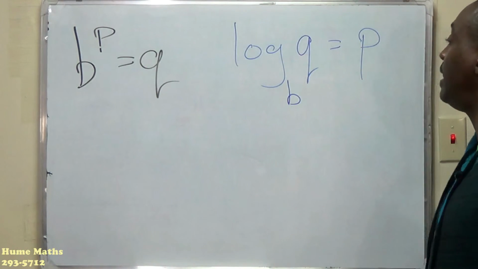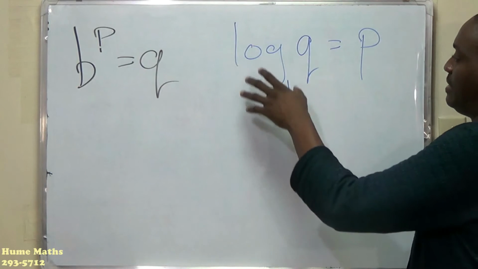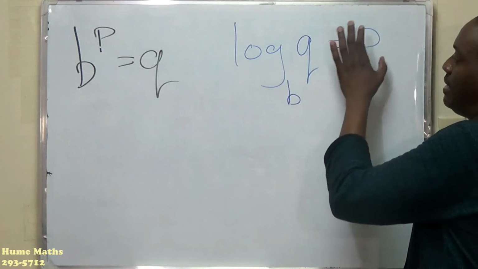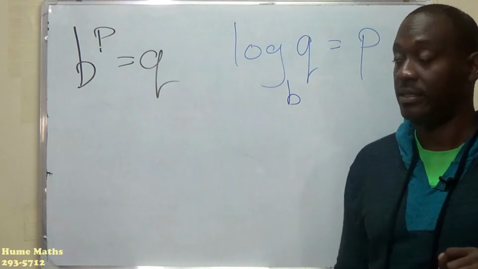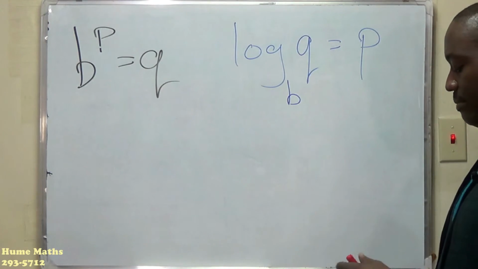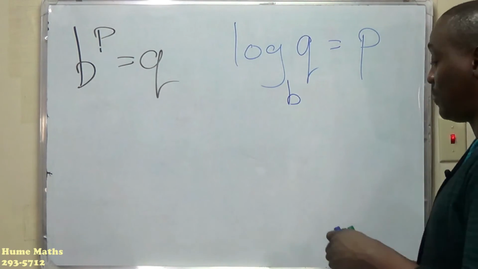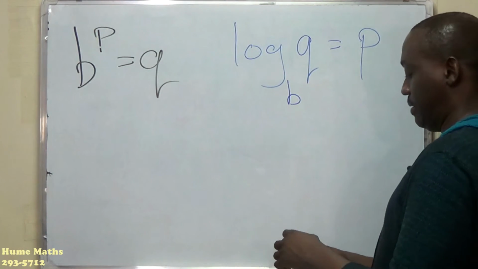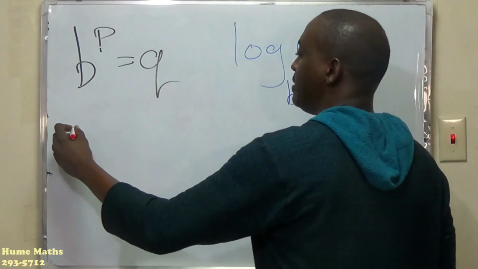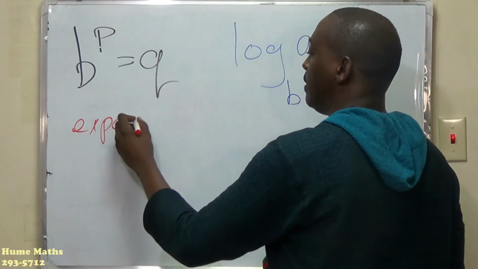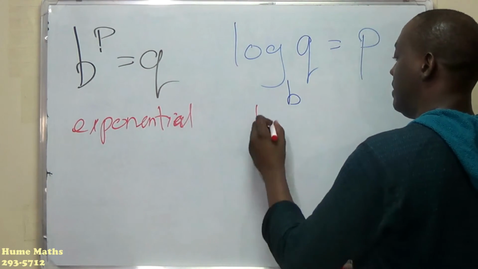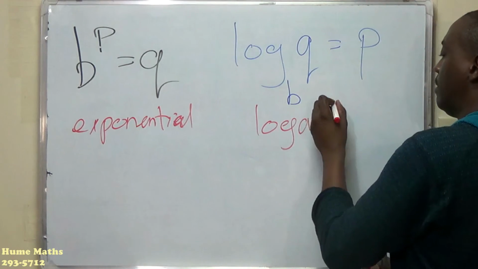But more than just that, we go into further detail and we say that the log of the quotient Q to the base B is equal to your power P. Good. So this is the exponential form. This is the logarithmic form. So we're just going to write that out just so that you can see it. Alright, so this is the exponential form, and this is the logarithmic form.